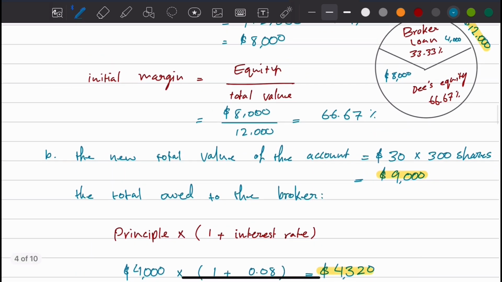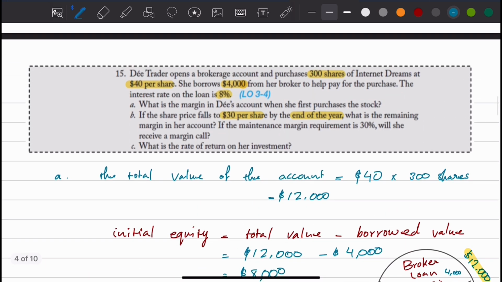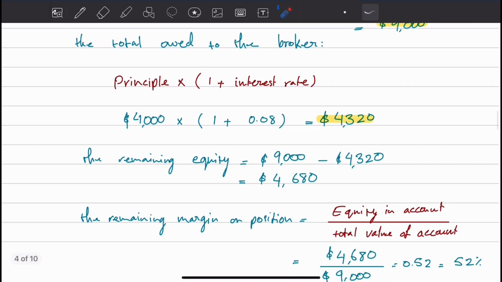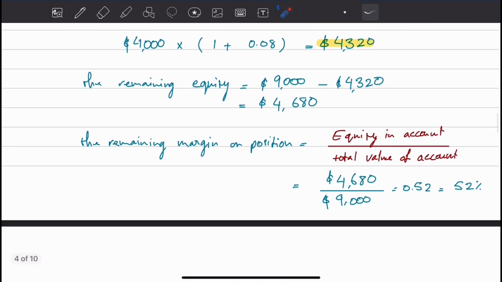There was another part as well. Here it says, if the maintenance margin requirement is 30%, will she receive a margin call? Now to answer this, we need to determine, is the remaining margin on the position higher or lower than the MMR or the maintenance margin requirements?